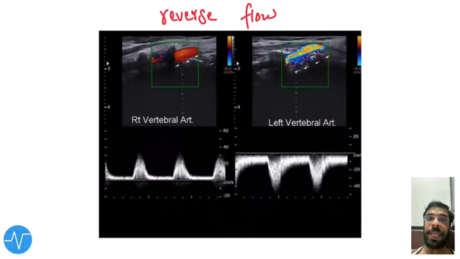Therefore, there will be a difference in the flow in the internal carotid artery and vertebral artery. Therefore, we can compare either both the vertebral arteries to see the blood flow, or we can compare the vertebral artery and the internal carotid artery on the same side.